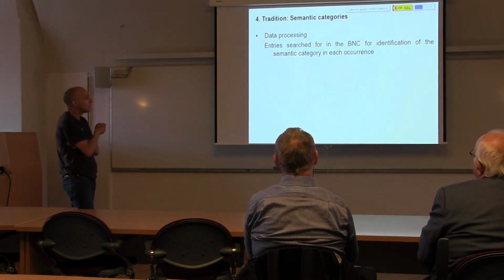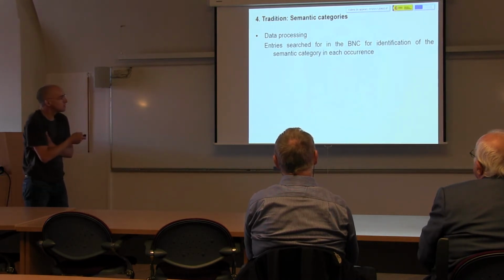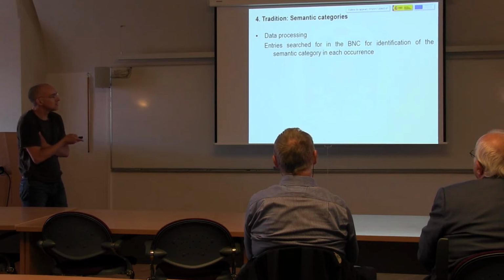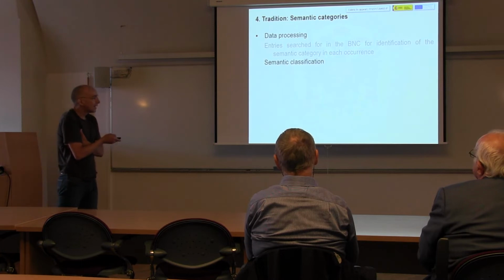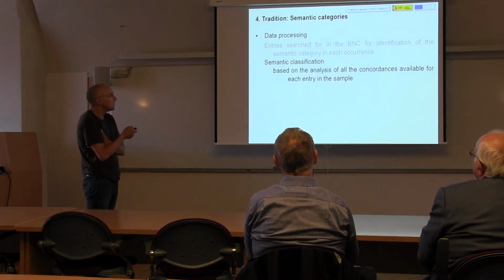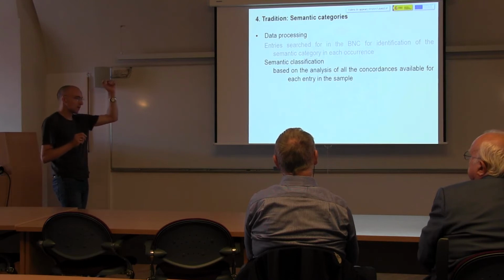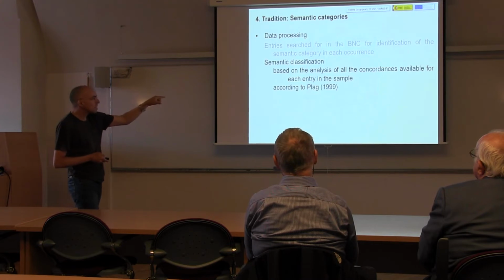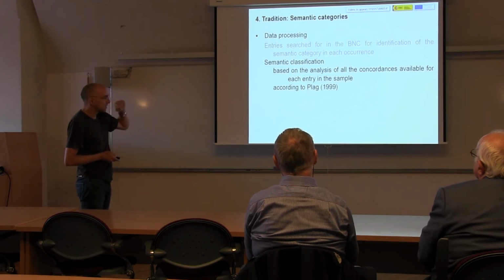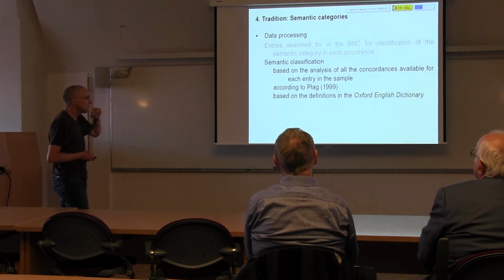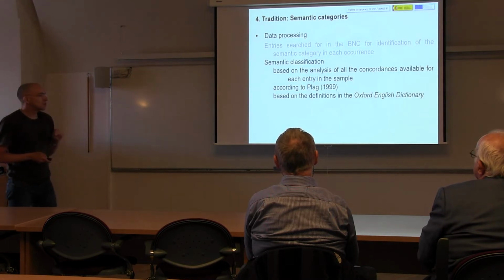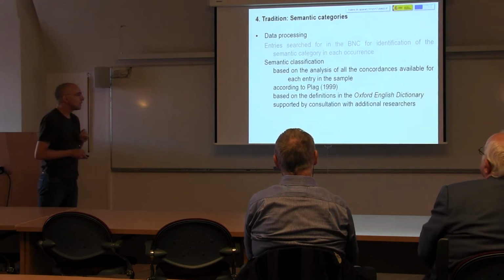I then went through each of the entries for identification of the semantic categories, and identified which semantic categories were present for each of the lemmas based on the analysis of all the concordances. So for each entry, I analyzed each concordance, starting out with Plank's list of 10 semantic patterns, relying on the definitions in the Oxford English Dictionary.